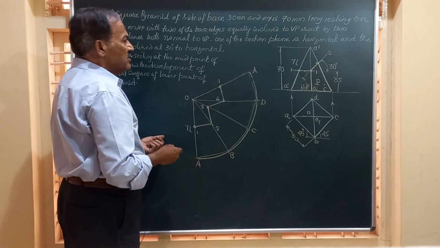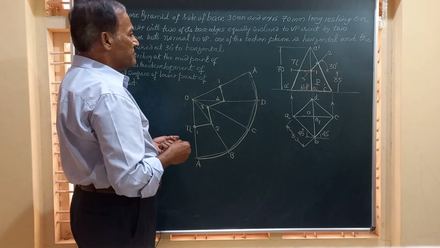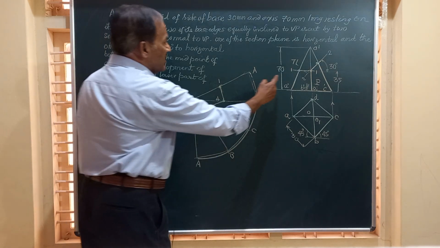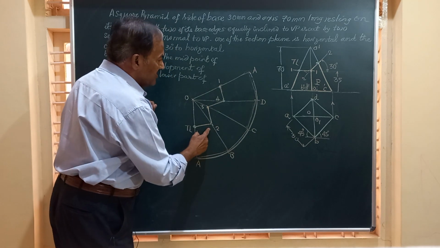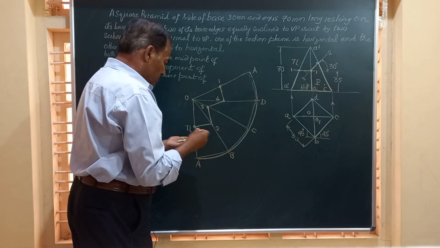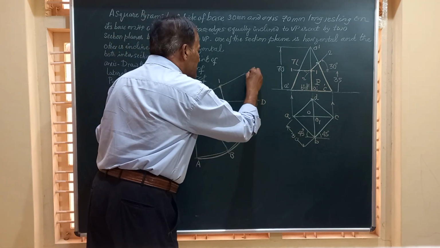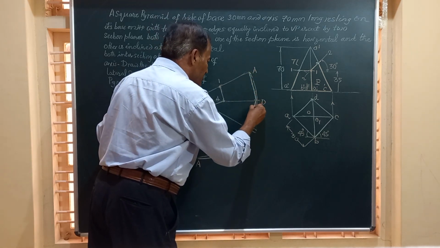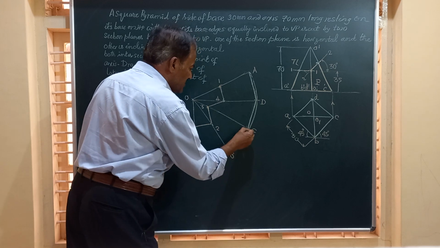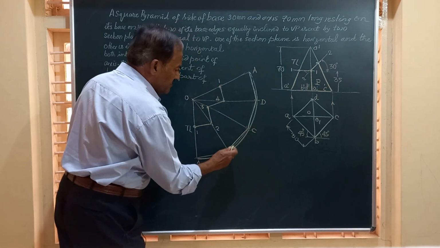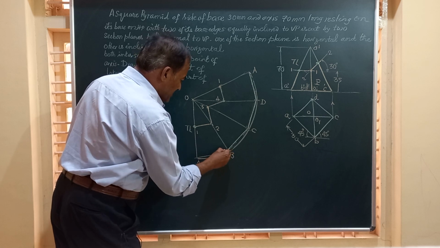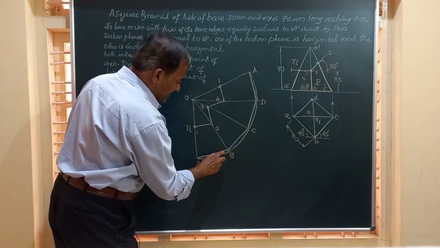Already we have done. And friends, you can see here the portion below this horizontal section plane is all retained. So I am going to show the base edges, go A to D, D to this, C to B, all these by straight lines, and this by a straight line.